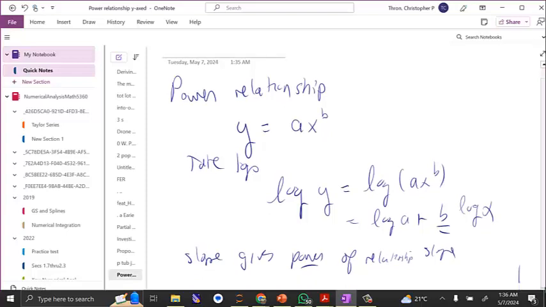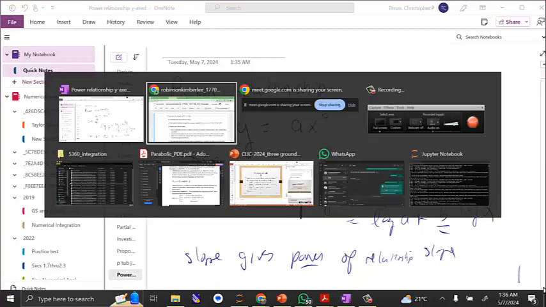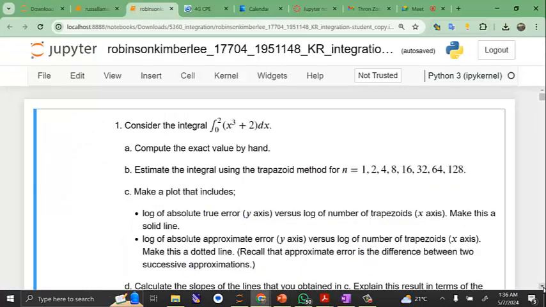All right, so these kinds of graphs are very good tools to understand behavior of approximations. So we're going to do a couple of log-log plots: log of true error versus log of number of trapezoids, and then log of approximate error versus log of number of trapezoids.